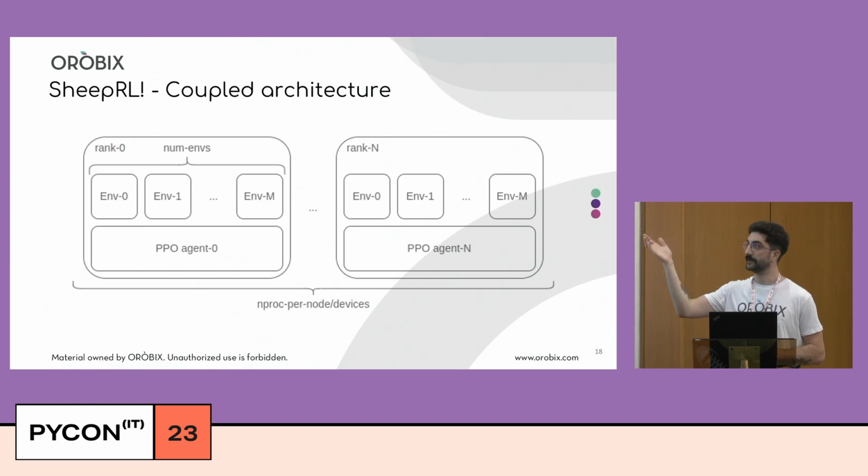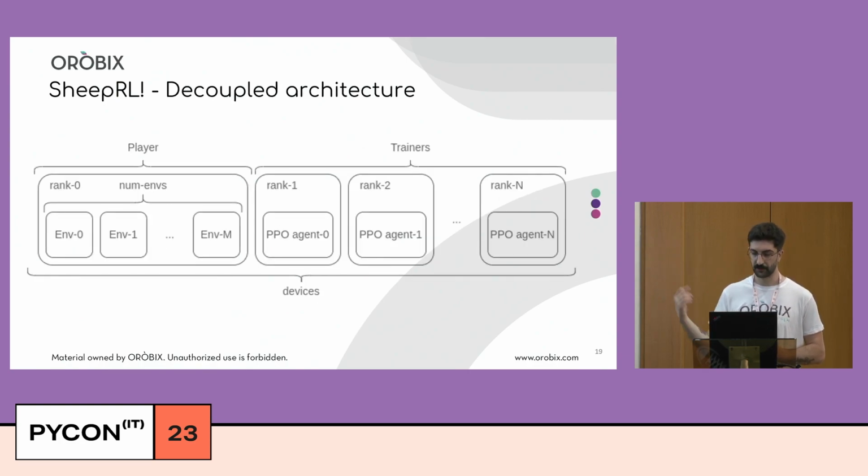And so this one is the first architecture that we have, and we also have another one which resembles more the first slide, in which you have the agent and the environment decoupled, right, separated. So in here you have one process in which you have all of your environments, and all the other processes are just taking care of the training, so that you can have your environment running on one machine with, I don't know, a lot of CPUs, and then for the bulk of the training, you can have your own processing in another machine with multiple GPUs, so you can separate your training, right?